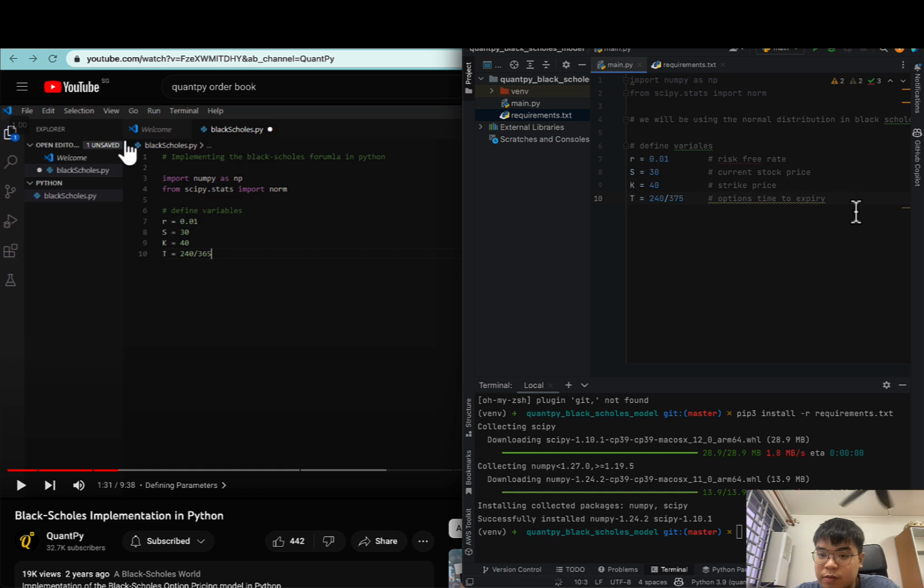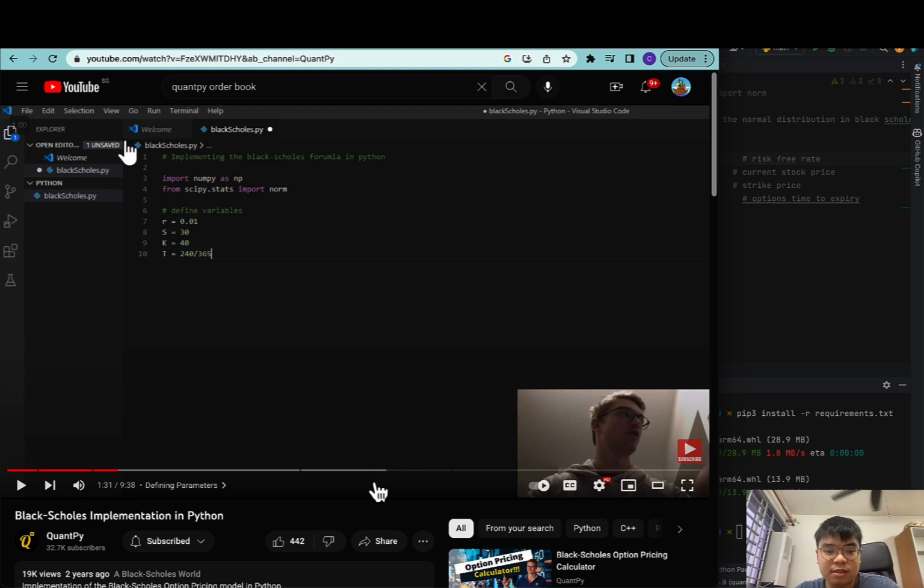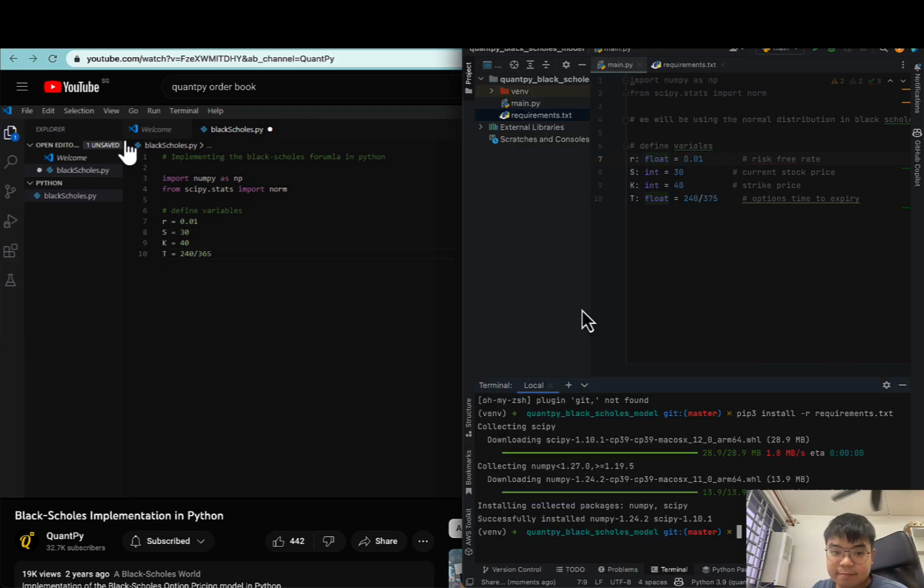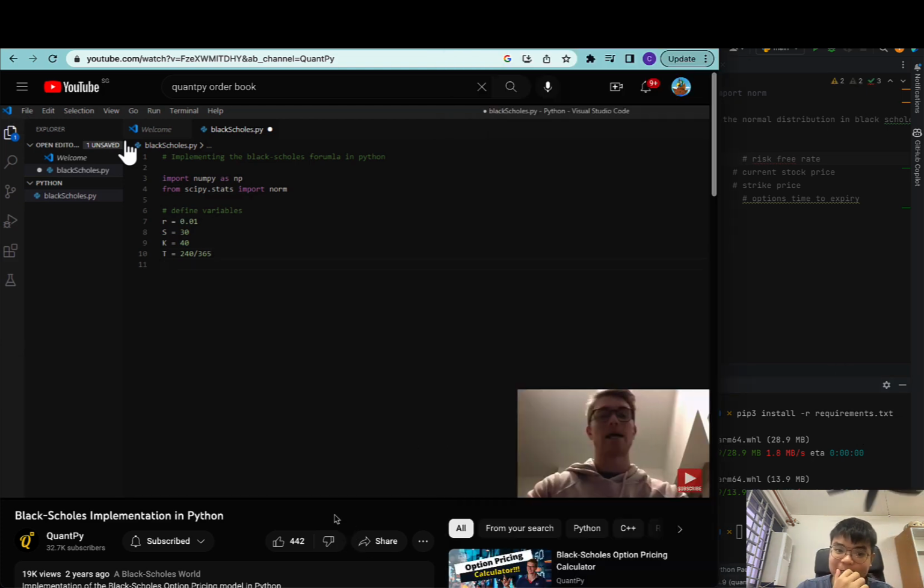So this is a float, this is an int, this is an int, and this is a float. Remember, that's out of 365. And we also had our volatility, or our sigma, which was 30%.